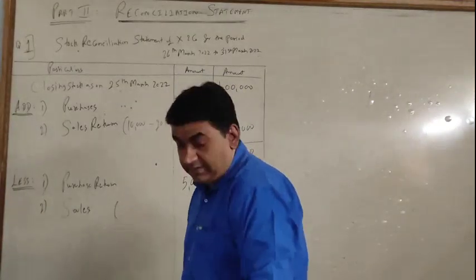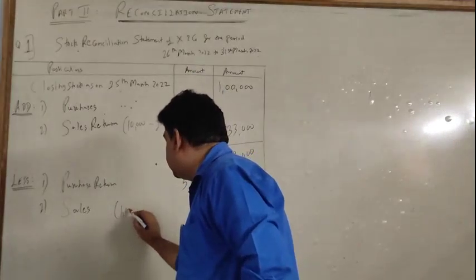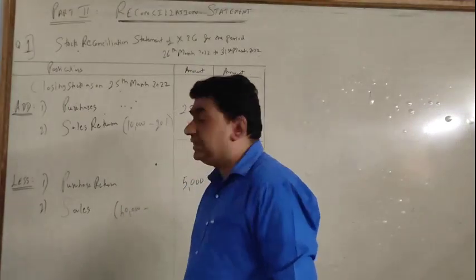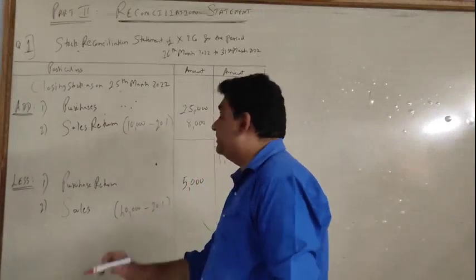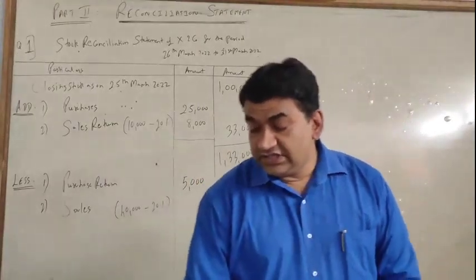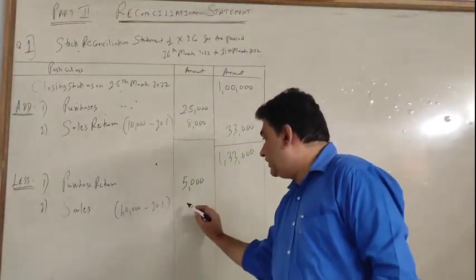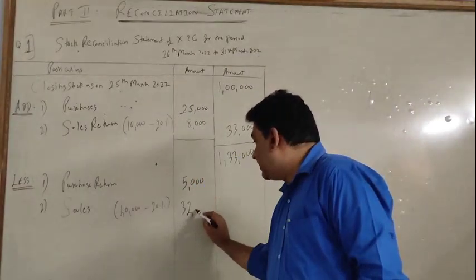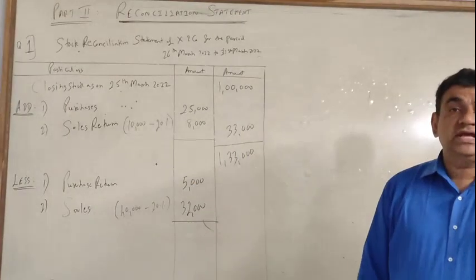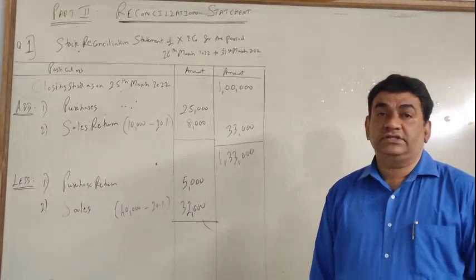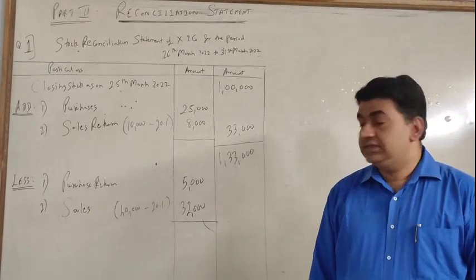What is my value? 40,000. So 40,000 less same rate 20%. 20% of 40,000 is 8,000. So 40 minus 8, my sales at cost is 32,000.